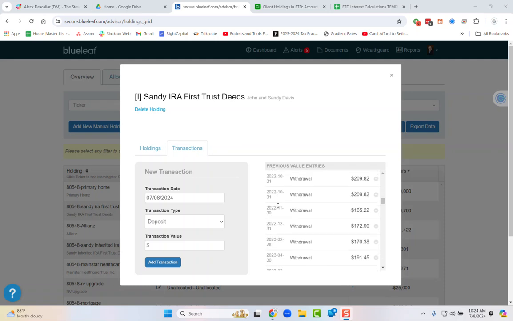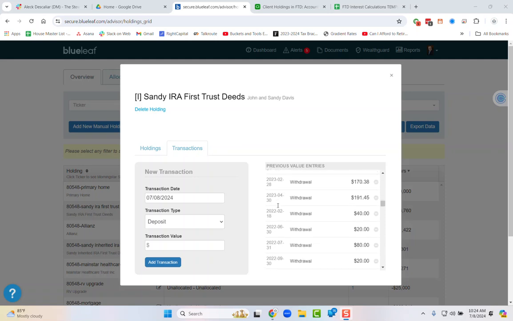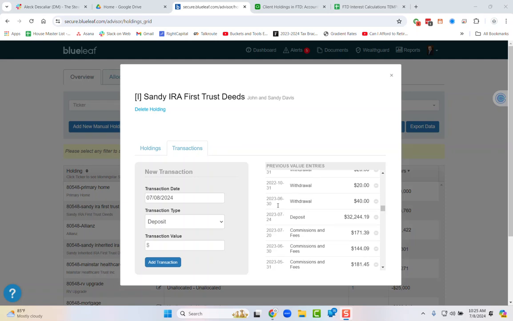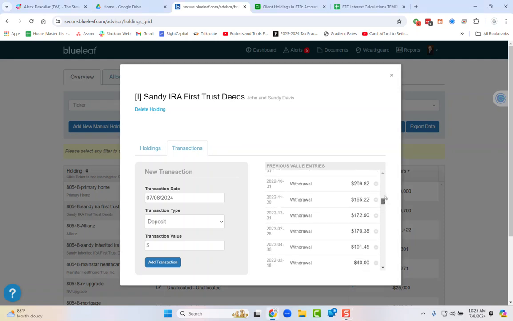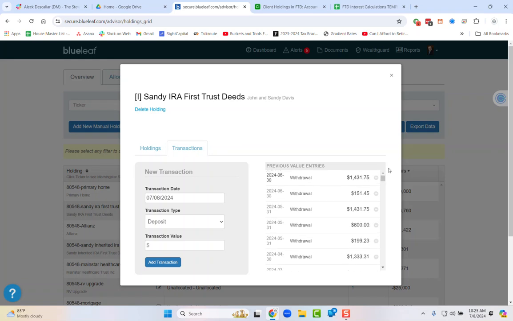Those were things that you put in order to make the calculation work. But by convention, you always put them in the middle of the month rather than at the end of the month, so that you could distinguish what was coming from a statement and what was coming from your own.